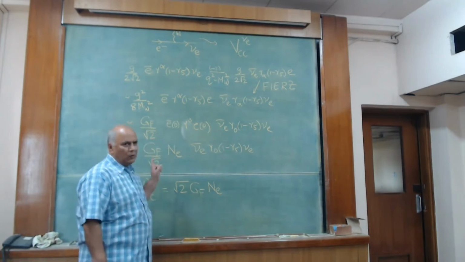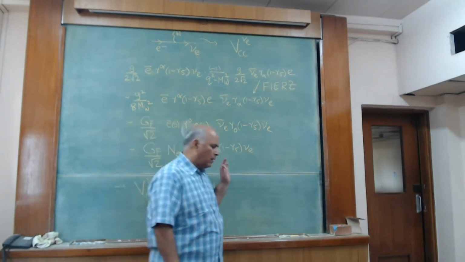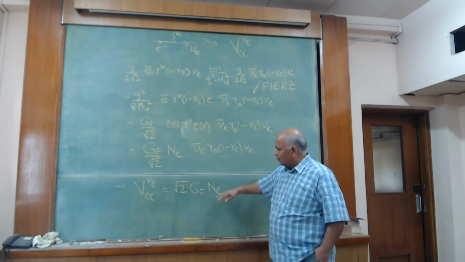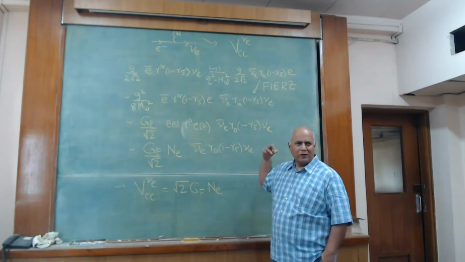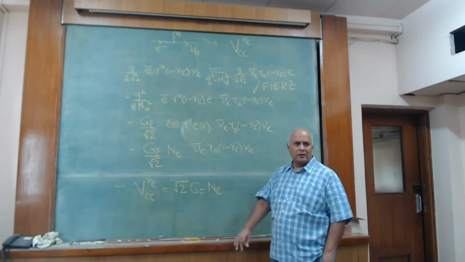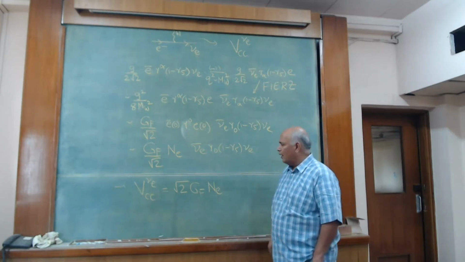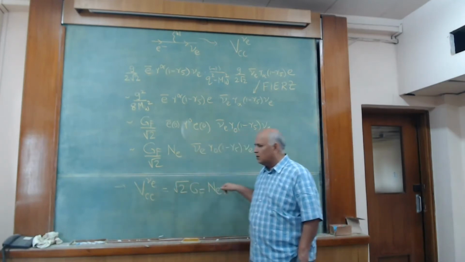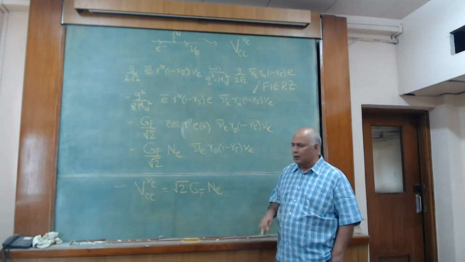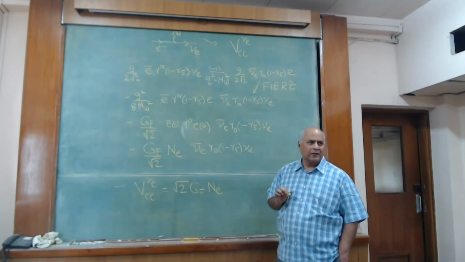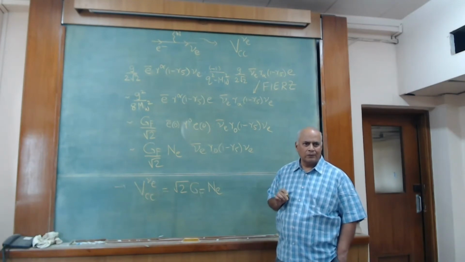Going from here to here, there are some details I am missing, and unfortunately I thought I could reconstruct the arguments, but some detail I am not able to recollect. I will look it up and explain it in the next class. But eventually from here we get the charge current potential to be root 2 G_F times the number density of the electrons.